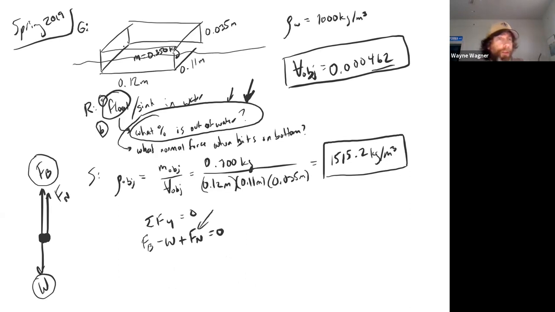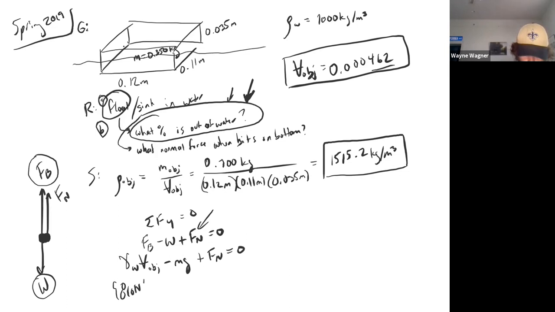But the nice thing here is the buoyancy force is fairly straightforward because we don't have to worry about it being partially submerged. So the buoyancy force would be gamma water times the volume displaced, but in this case, it would just be the volume of the object because the entire object is underwater. So the volume displaced and the volume of the object are the same thing, minus mass times gravity plus F sub n equals 0.